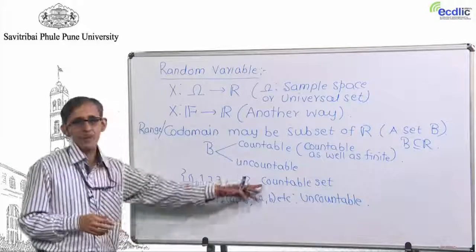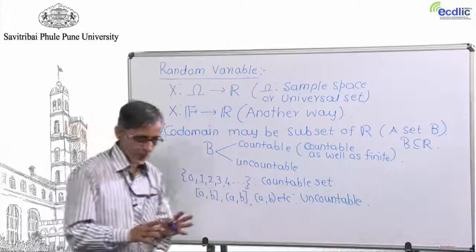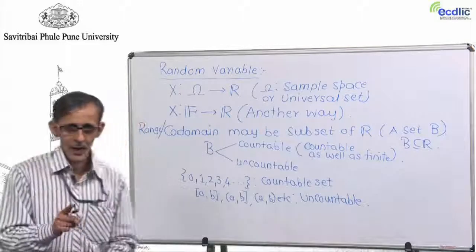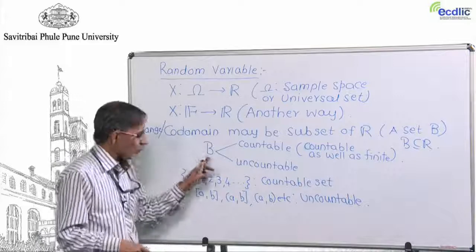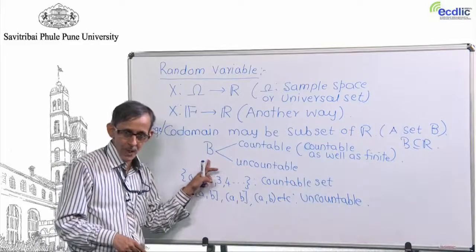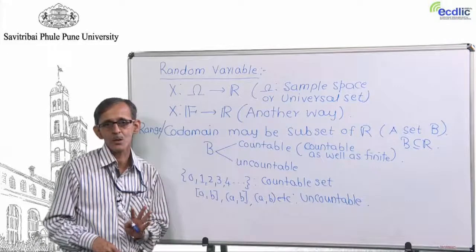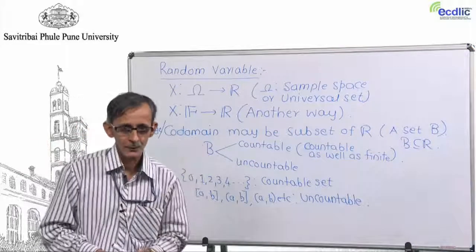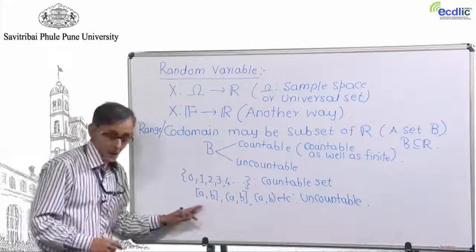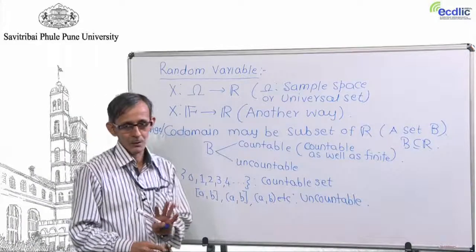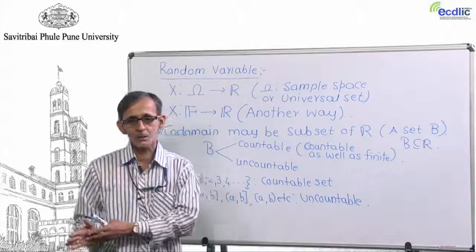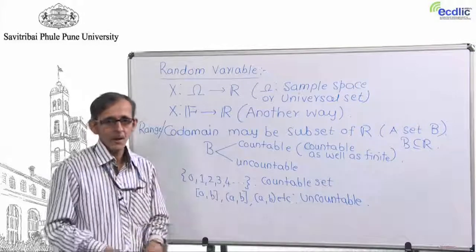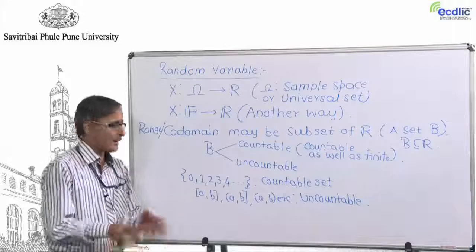That is what countability means, that there exists a function f which is one-to-one such that the domain is B and codomain is the set of natural numbers, and that is what is denoted in mathematics as equivalent. Okay. Now, if there does not exist such a function from set B to the set of natural numbers, then such a B is called an uncountable set. Effectively, practically the same thing.